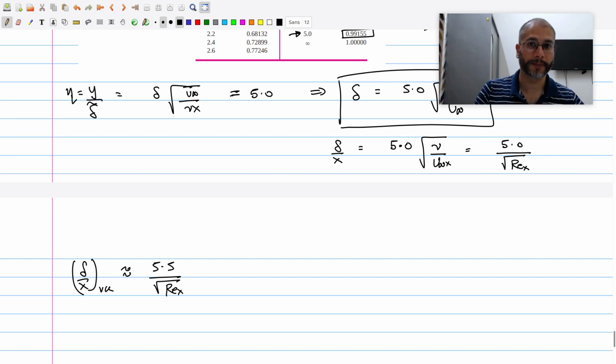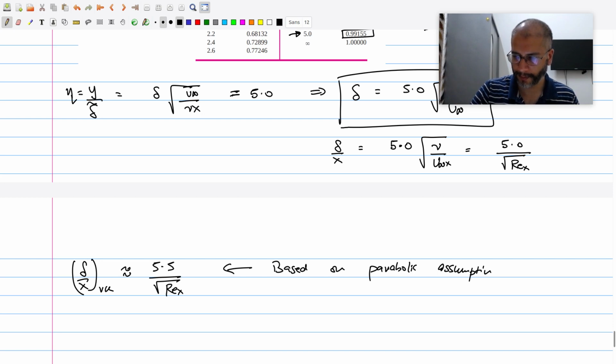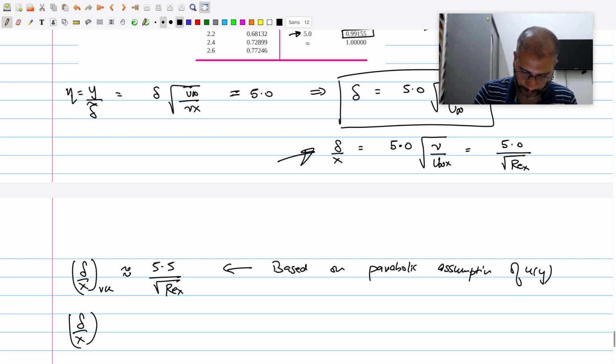Okay, so this is close, and remember this was based on a parabolic assumption of u as a function of y. That was purely based on a guess for u, whereas this delta by x that we have just written, let's call it Blasius, is approximately 5.0 upon square root Re x.